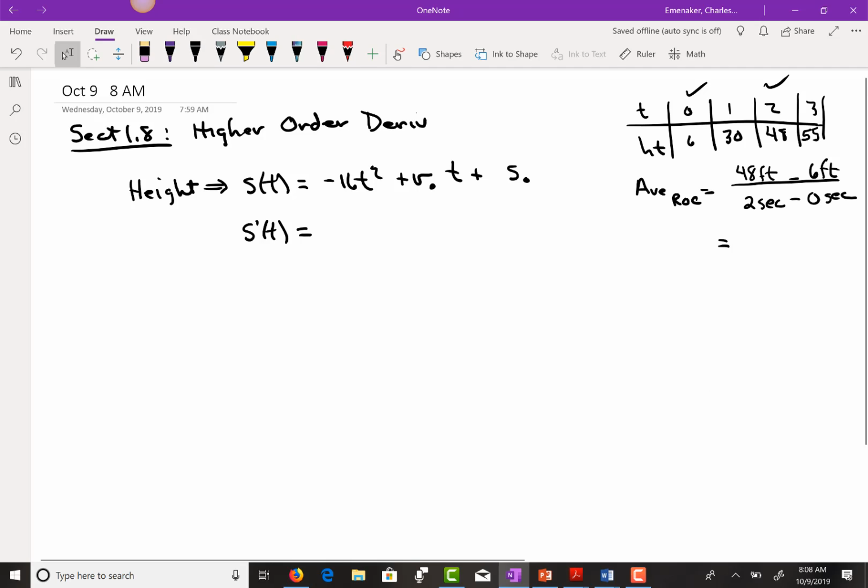This is going to give you 42 feet per 2 seconds, which is going to give you 21. And what I'm really after here is the units. The units are in terms of feet per second.